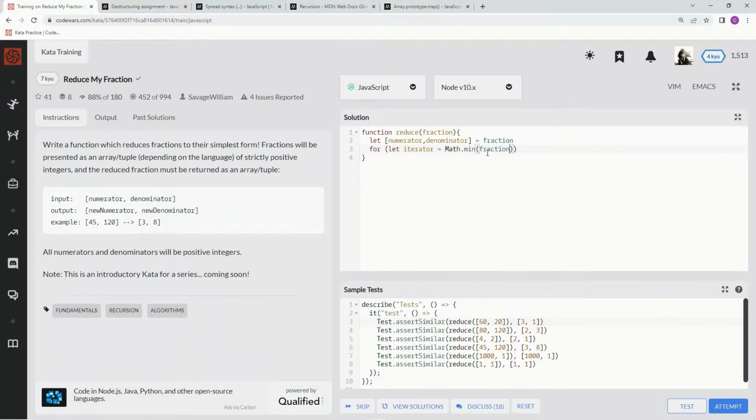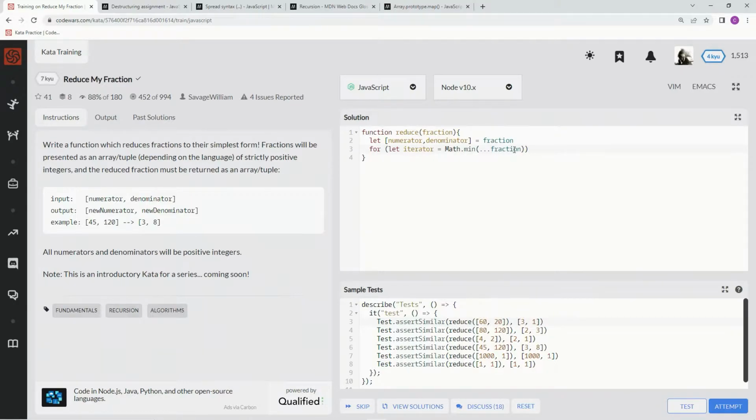We can't do it like this because we can't have these brackets in there. So to get rid of the brackets, we're just going to use the spread syntax like that, and it just puts the two numbers in there separated by a comma, which is what Math.min is looking for.